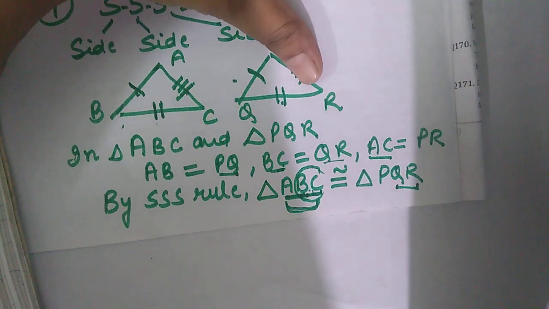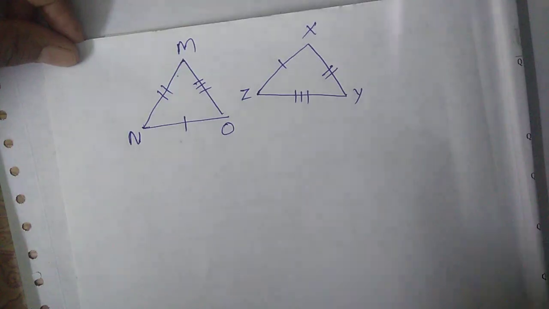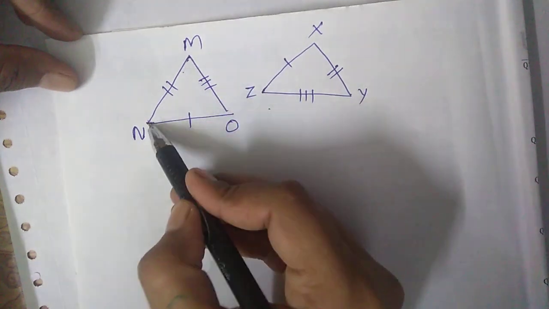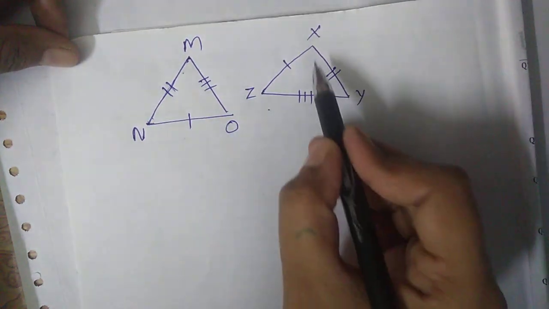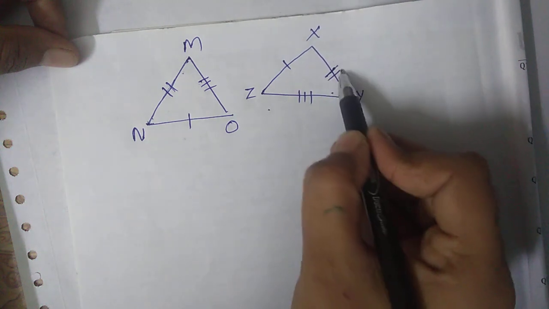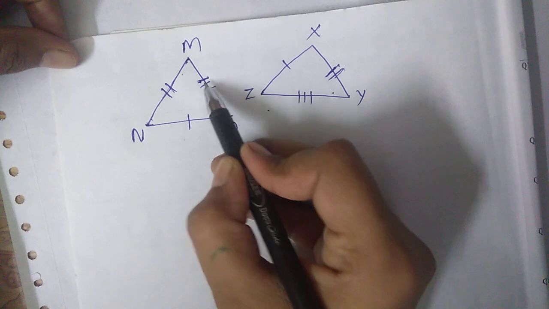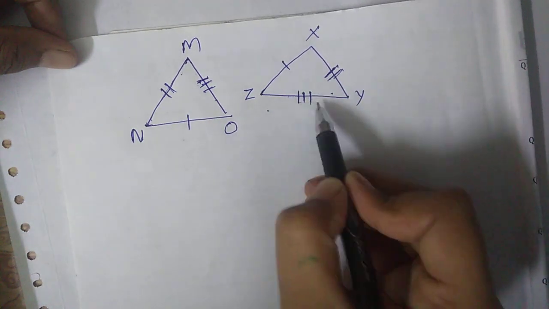Okay, one more naming I am writing. Now I have drawn two triangles in which MN, this side is cut by two marks, MN is equal to XY, because this is also cut by two marks. And here it is having 3 marks, so it is also having this type of marks.